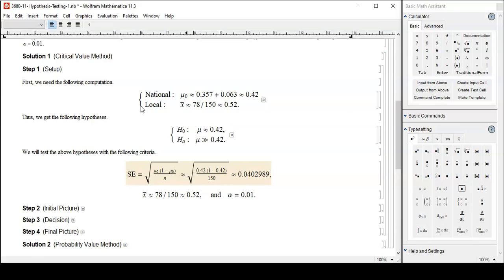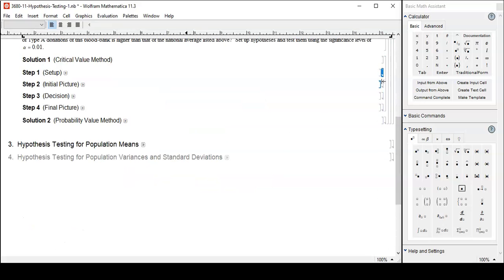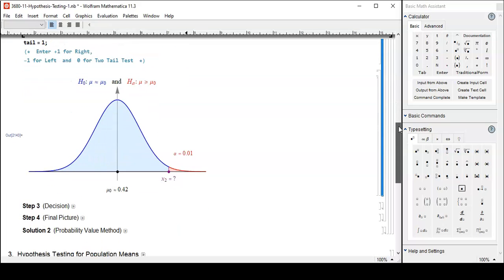All right, now that we have all these, let's go to initial picture. Normal picture around the null, and then greater, so you want shading to the right. Alpha is 1%, so here we go, and we want to find out the critical value. How do you find this critical value?